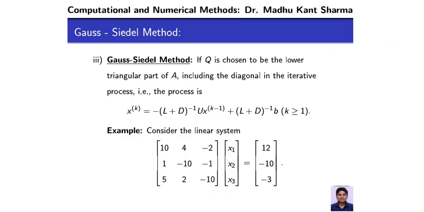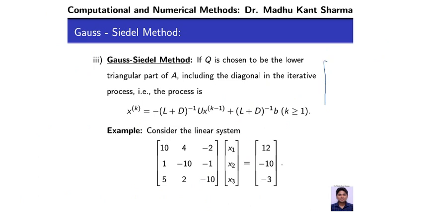So the next method is the Gauss-Seidel method, which you have already learned by an example. If you wish to reframe that example in a more general mathematical setting, Q is chosen to be the lower triangular part of A including the diagonal in the iterative process.